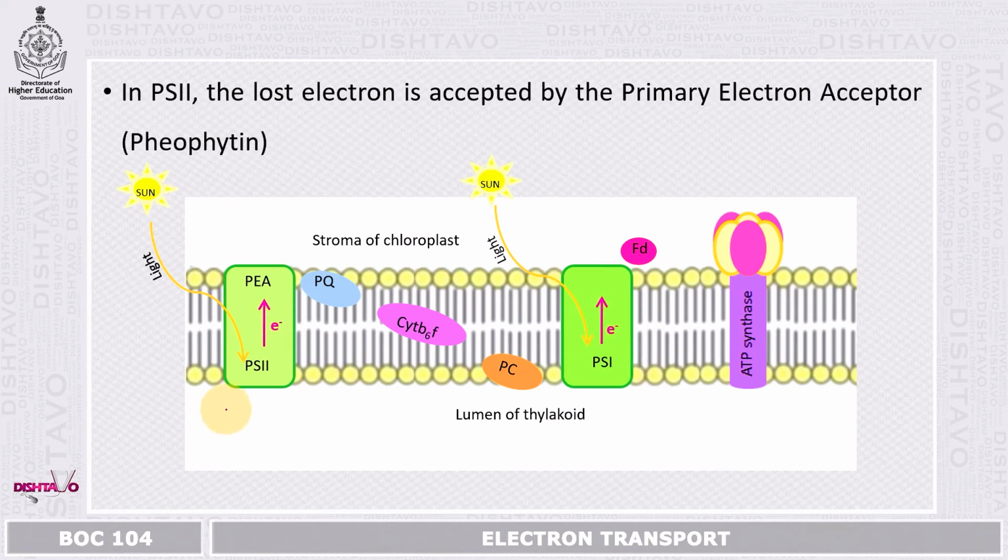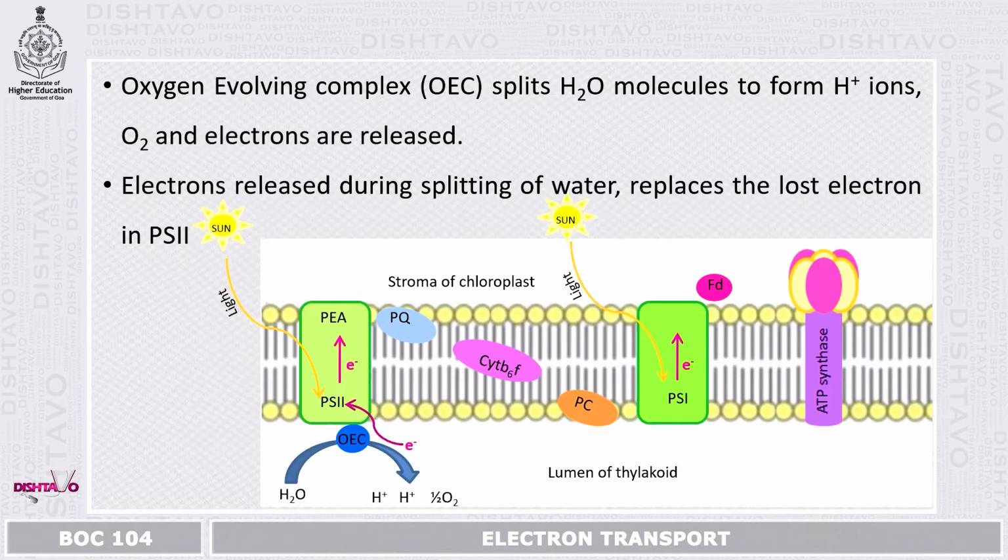In photosystem 2, the lost electron is accepted by a primary electron acceptor, which is pheophytin. The oxygen evolving complex, which is associated with photosystem 2, splits water molecules to form H plus ions, and oxygen is released.